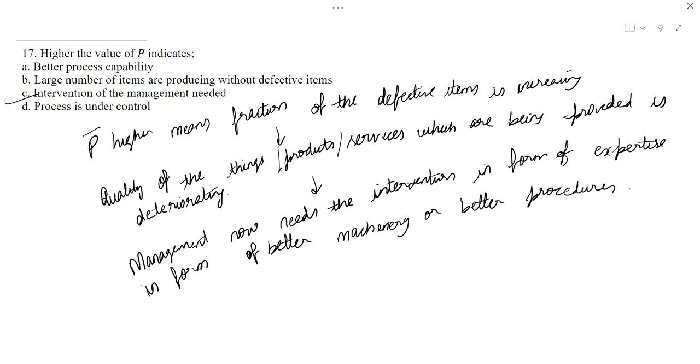Major intervention is needed when the average P bar value is high, and when it is reduced, it indicates that the average fraction of defective items is decreasing.